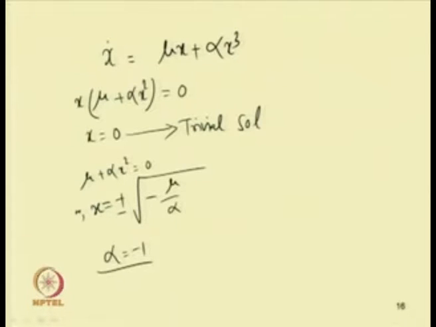Then x equals plus minus root over minus mu by alpha, so this becomes x equal to plus minus root mu.